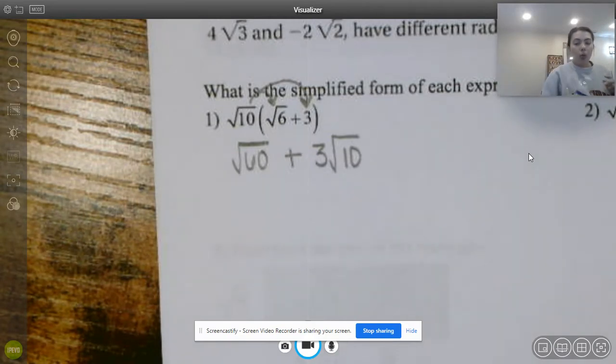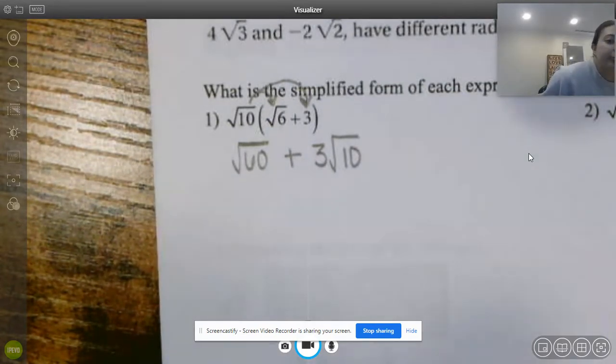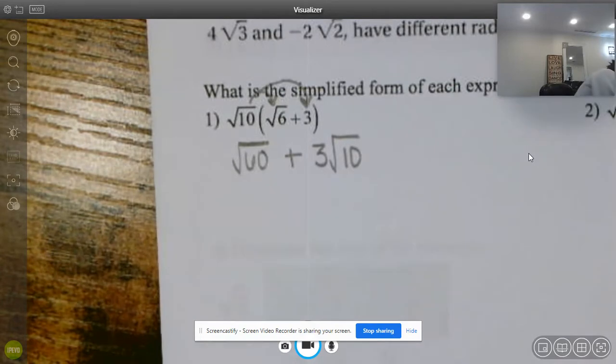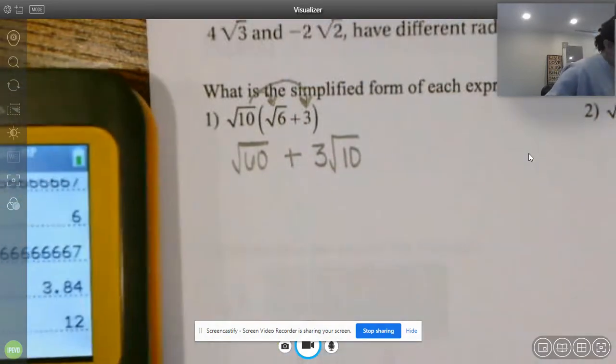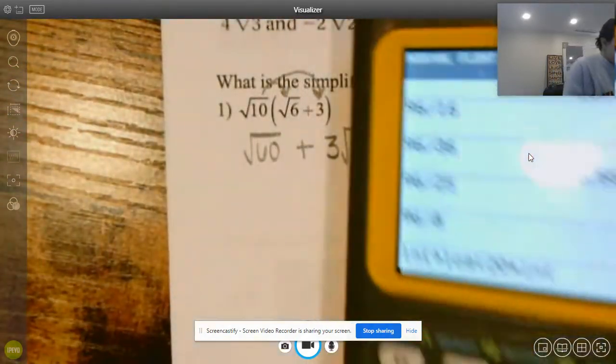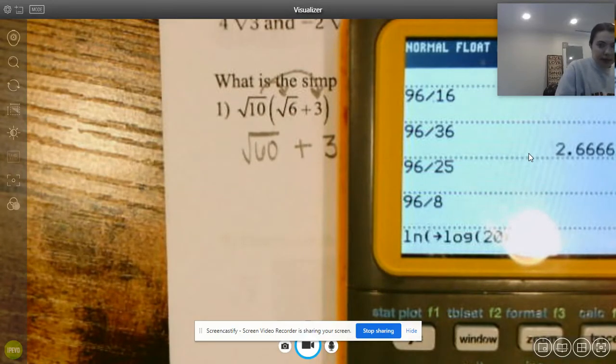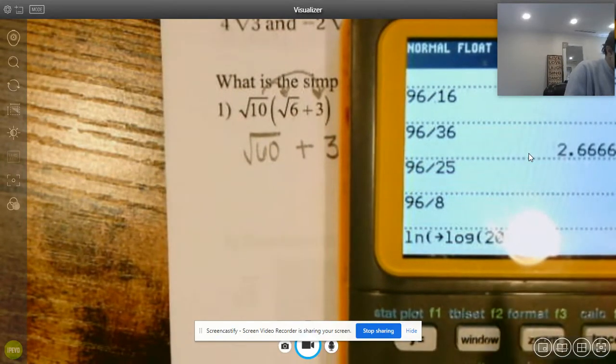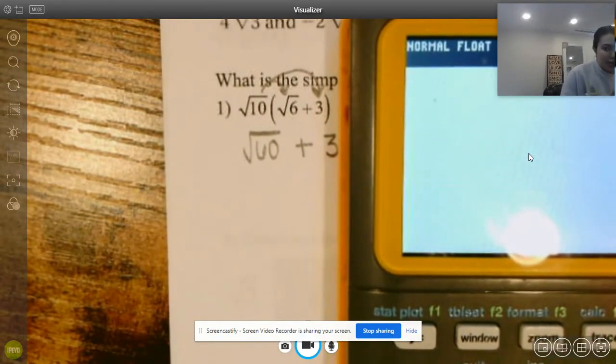Okay? Now, when we're adding these, it is really important that we make sure that if we can simplify them, we should. So for instance, the number 60 can be divided up into factors. And our goal is to divide them into factors that give us perfect squares. So we can take 60, because you can't really split up 10. The square root of 10 is just the square root of 10.